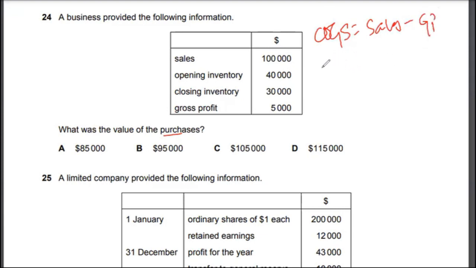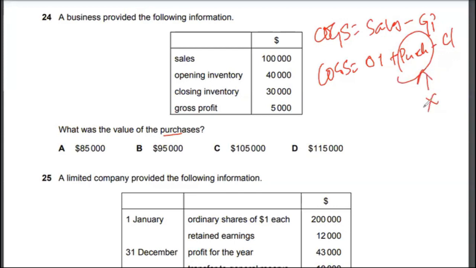Then to calculate the purchases, you will have to open up the cost of goods sold formula, which is opening inventory plus the purchases minus closing inventory. And so this is the variable, which is X dollars. When you use this formula to calculate it, you should come to a number which is 85,000. So the correct answer to multiple choice 24 is option A.